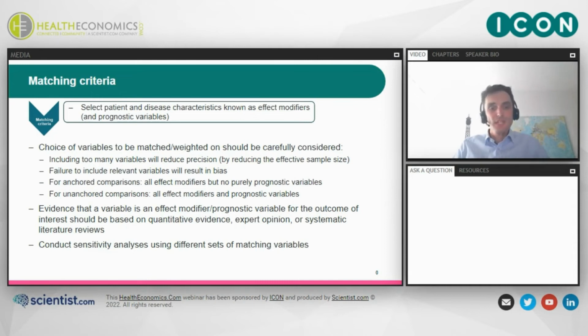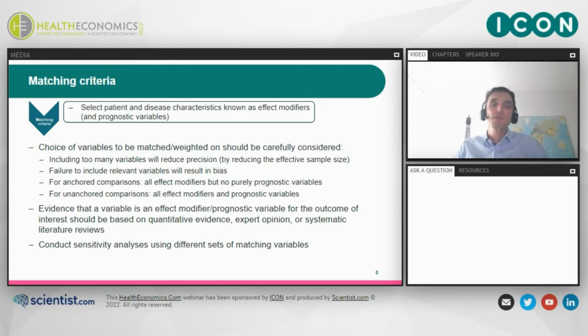To assess whether a variable is a potential effect modifier or a prognostic variable, you should ideally generate quantitative evidence. For example, you could conduct a regression analysis with the outcome and see if any of the covariates is significantly associated with the outcome.